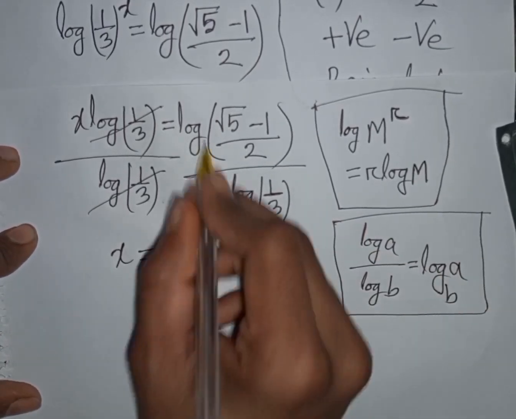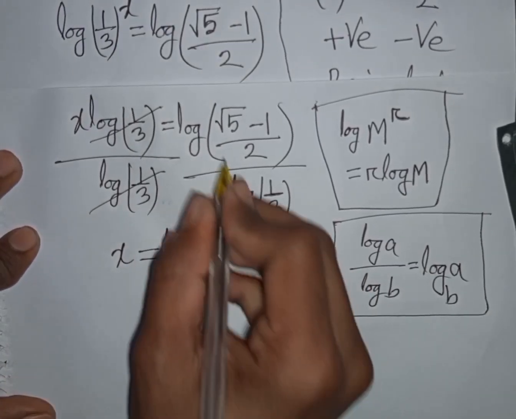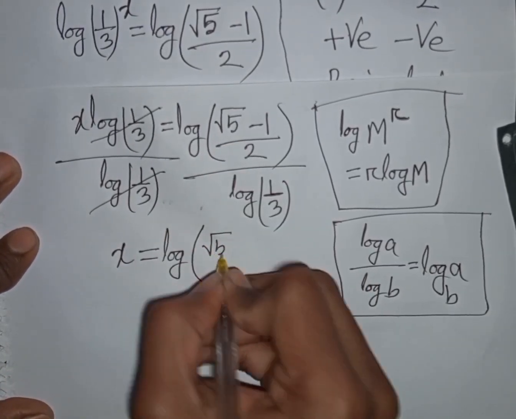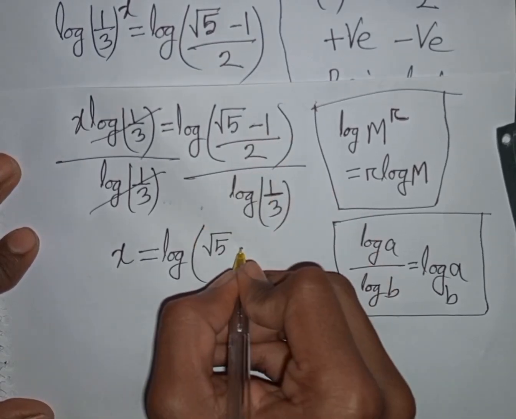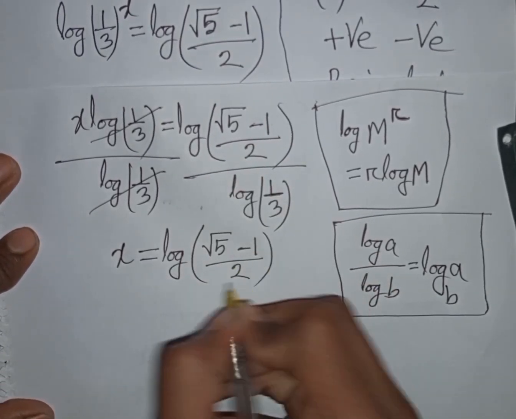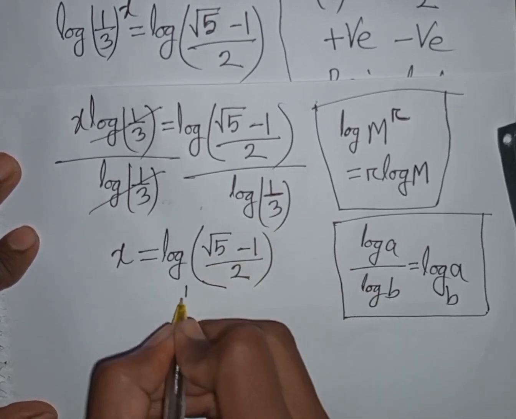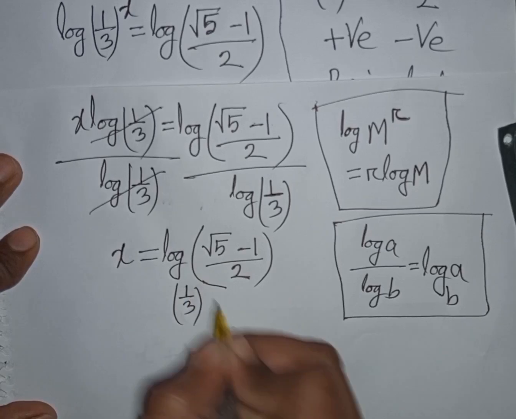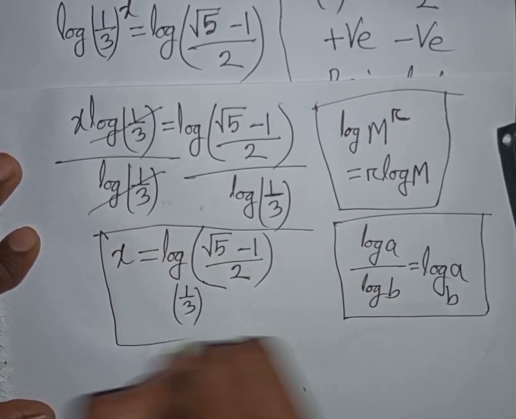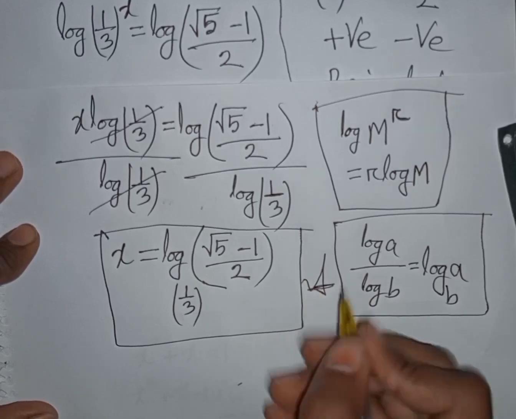So according to this formula, it will be log of (square root of 5 minus 1) over 2, with base 1/3. So this is the value of x. So this is our final answer.